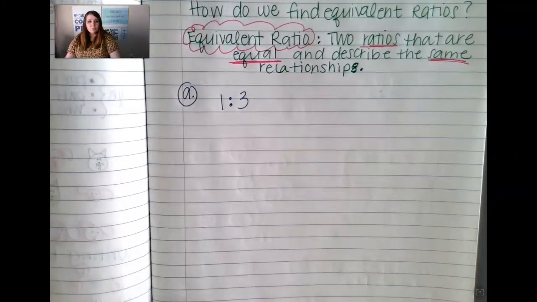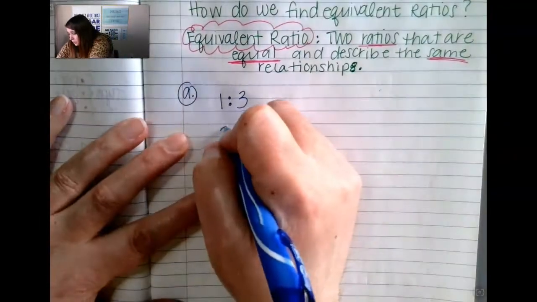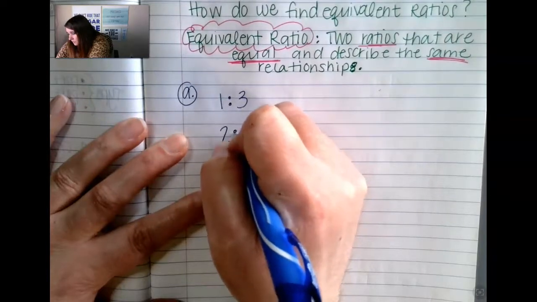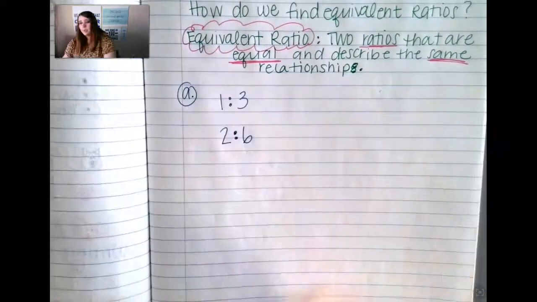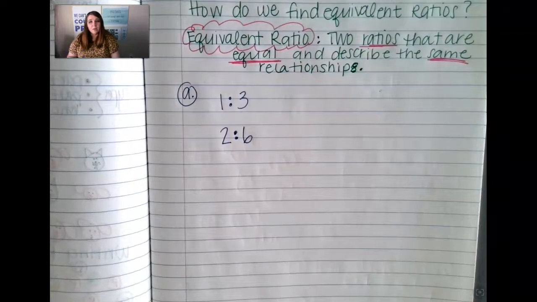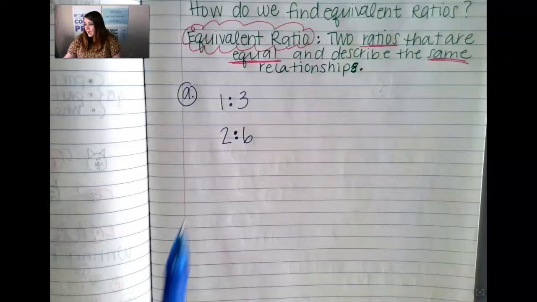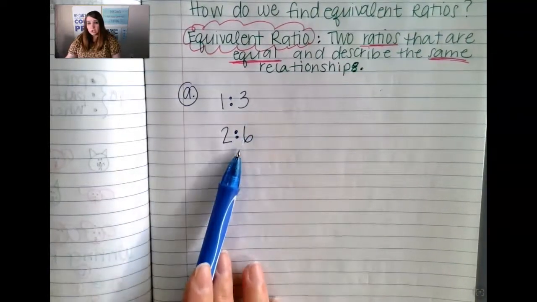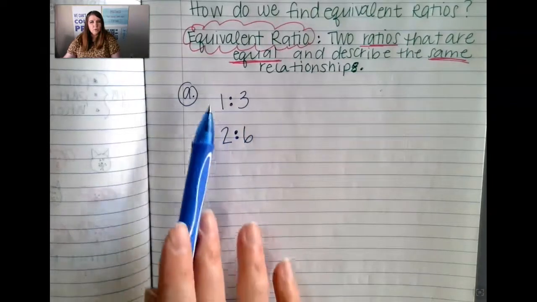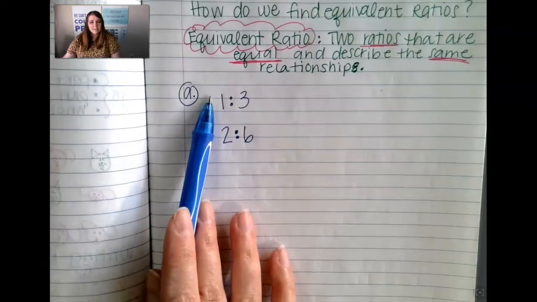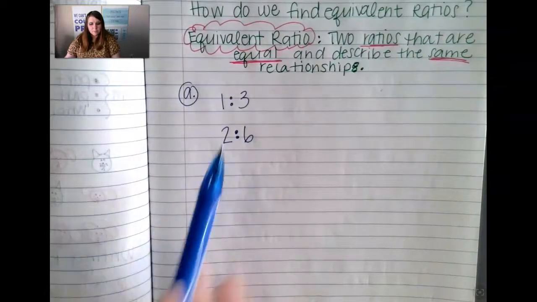In my next ratio, I have 2 to 6. My job is to find out if these ratios are equivalent. So I have ratio A and ratio B. Are these two describing the same relationship?